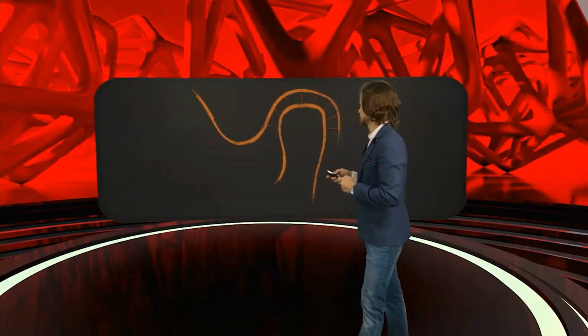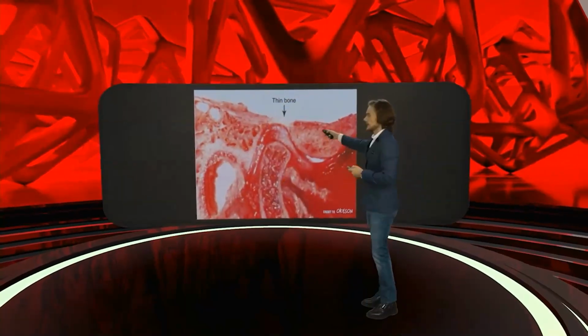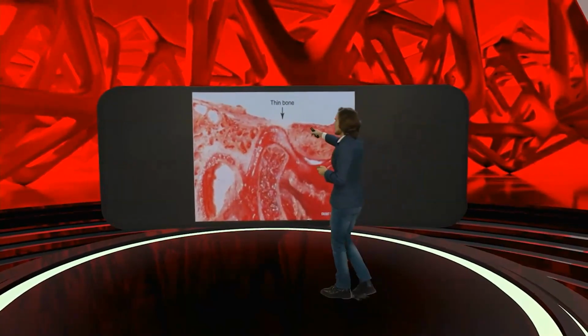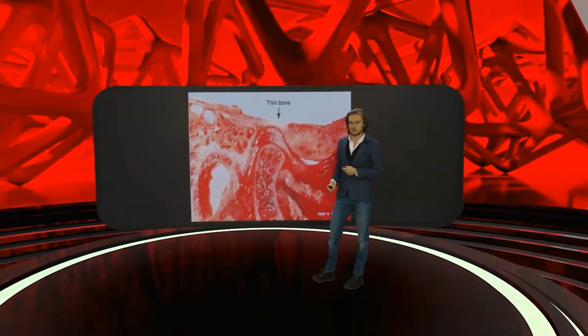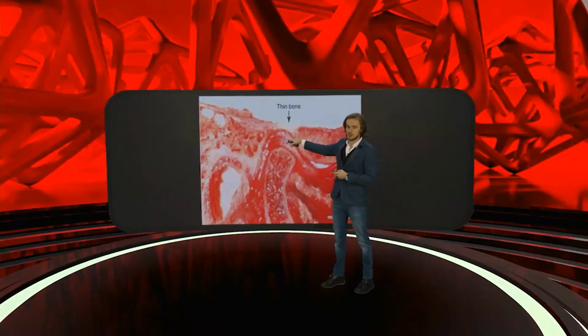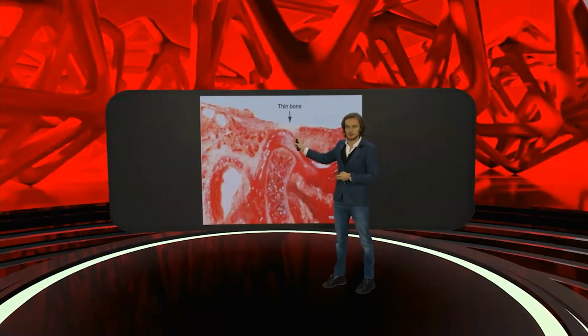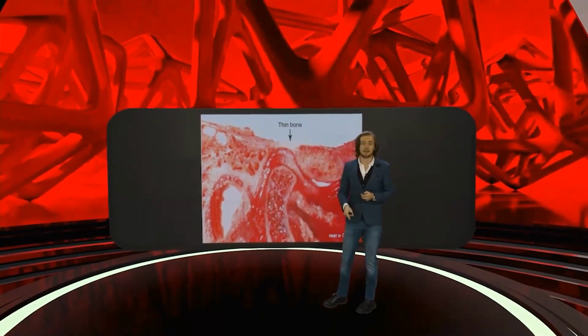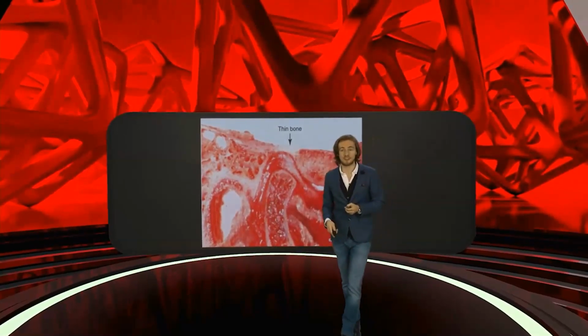Look at this. There is a very thin temporal bone in here, very thin temporal bone. So it needs a shock absorber, and this shock absorber is the distal part of the disc that is pretty thick.